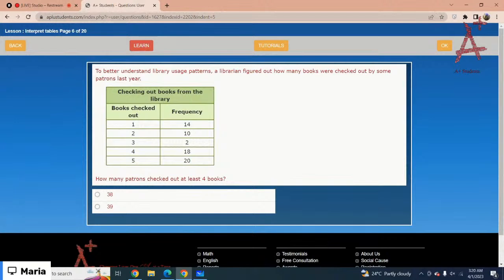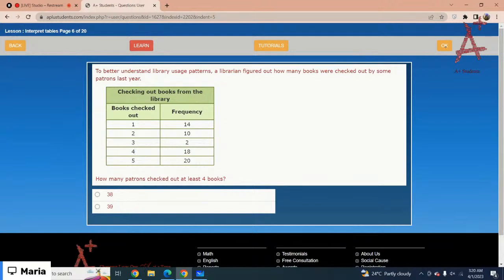Okay, the next one is, to better understand library usage patterns, a librarian figured out how many books were checked out by some patrons last year. How many patrons checked out at least 4 books? So you are given the table. At least 4 books, got it? That means minimum 4 and maximum can be any number.